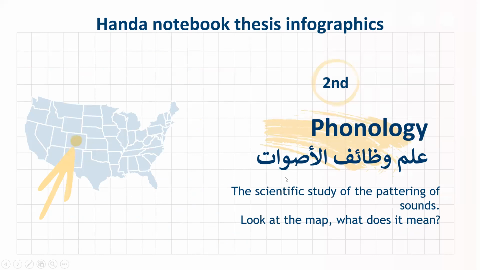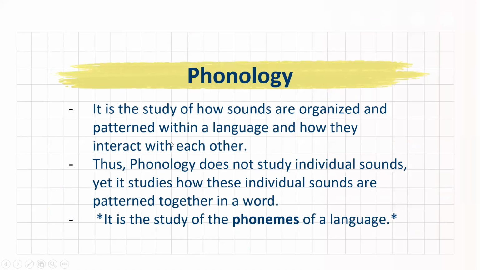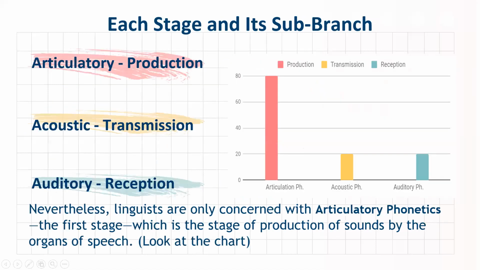I think we'll be stopping here because we only have 3 minutes left. Next time, we'll be talking about phonology. So I think you maybe got some new pieces of information. We studied phonetics, and we said that we have 3 stages: production, transmission, and receiving.